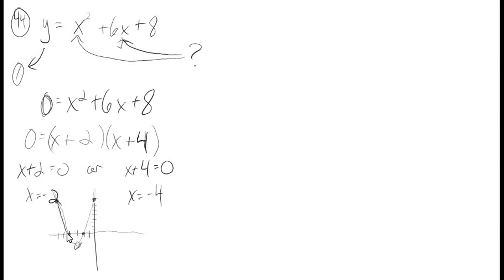Okay, so this graph will cross the x-axis, or be worth 0. The output will be worth 0 at -2 and -4. Okay, and so the thing that we learned from the graph is kind of a little bit more of an intuition that there's only two solutions, this one and no more. There are no more numbers that you can put in for x that will give you a 0.